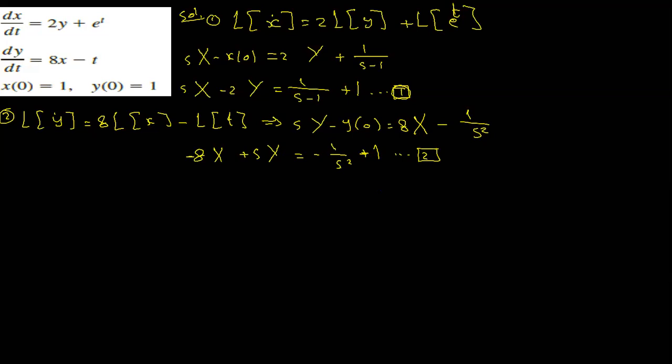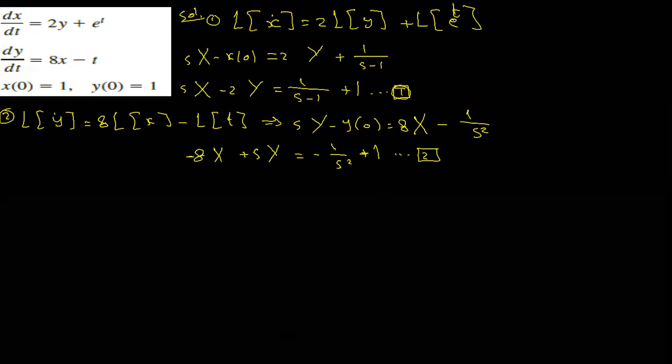How to solve this system now? The system of algebraic equations with two unknowns, X capital and Y capital. Who will help me now? We can use Cramer's rule.